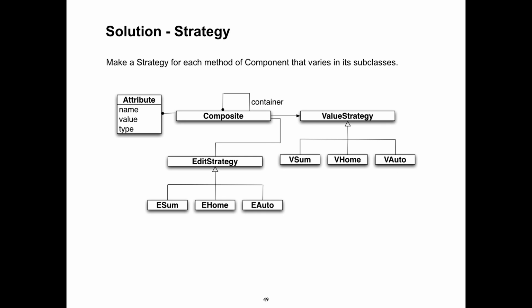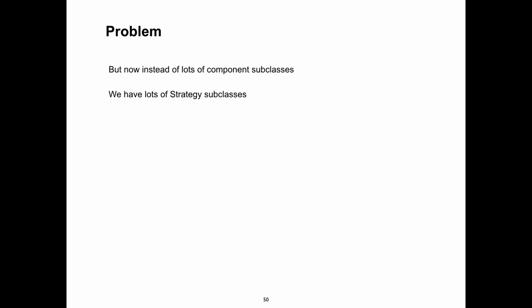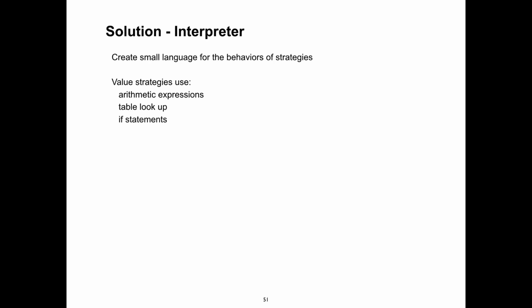But we may have gotten rid of the subclass and composite, etc., but now we're subclassing for strategies. Now we got all our strategy get subclassed. Right, so now we want to use the interpreter pattern, right, to create the strategies.